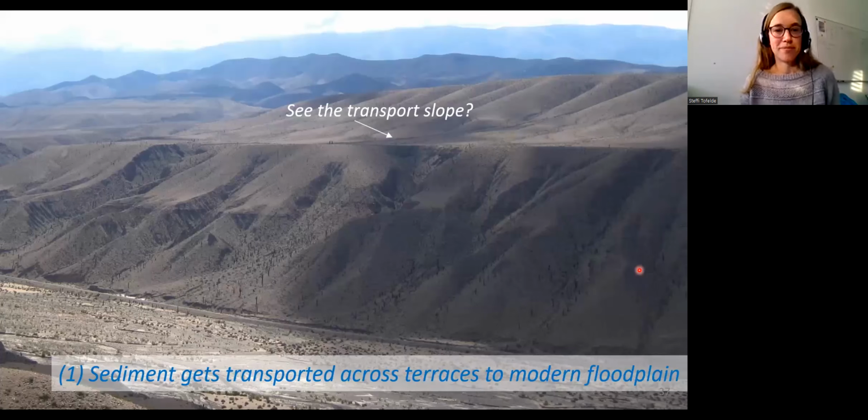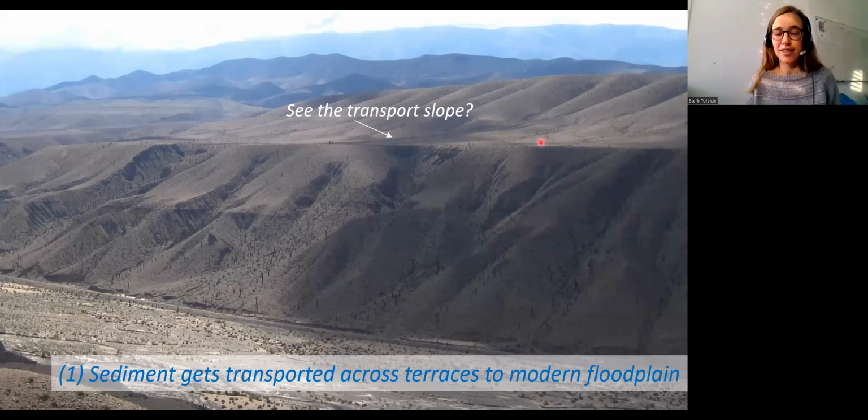I'm just going to show you some images, because oftentimes terrace surfaces are thought of as traps of sediment, where sediment just gets stored and not transported any further. However, this is an image from the terrace sequence in the Rio Toro again. We can actually see some, we could maybe call them, transport slopes.